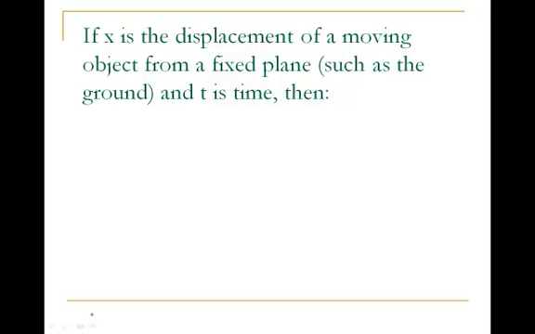One last thing. And this is on page 96 in your book. If x is the displacement of a moving object from a fixed plane, and t is time, then, and this is just kind of a recap, velocity is x prime or dx dt.